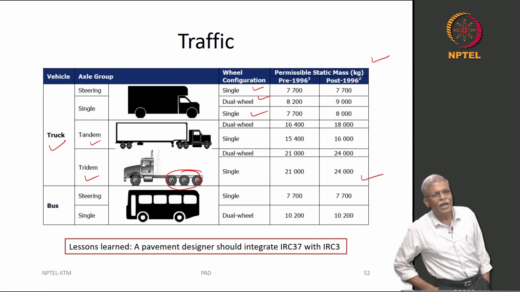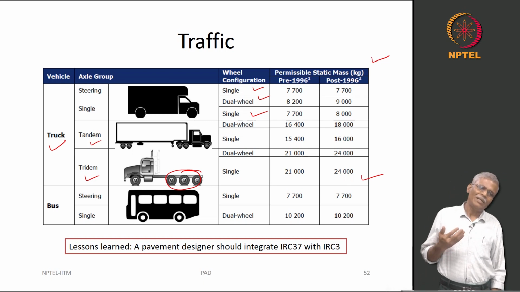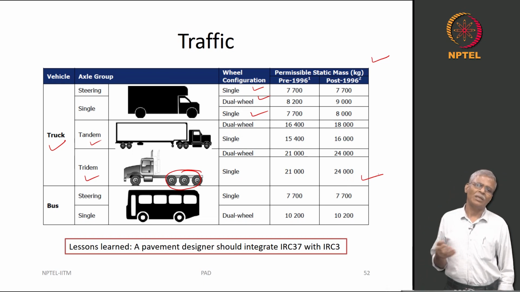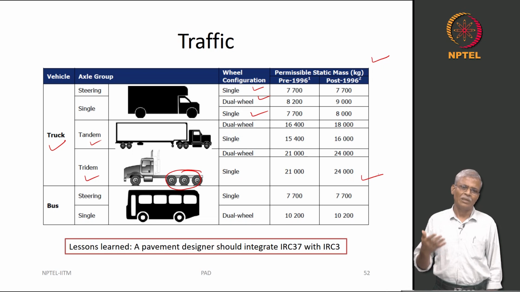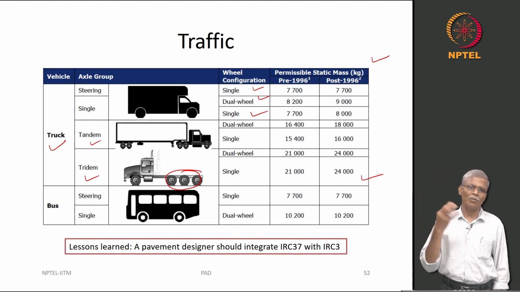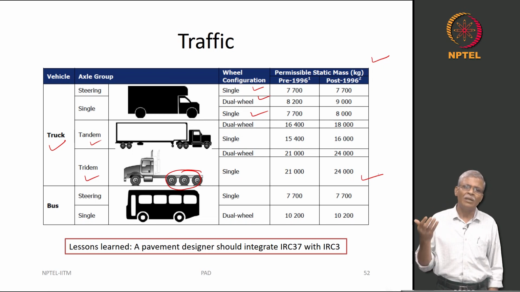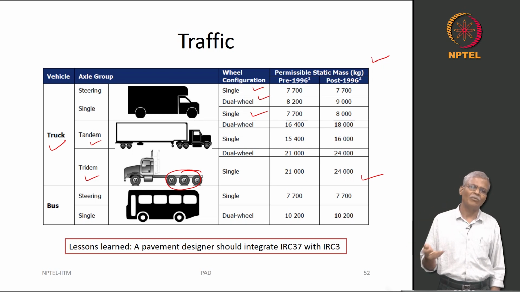In fact, what I would really like to emphasize here is, ideally when you are doing this pavement design with IRC 37, the IRC 3 that talks about the various axle categories should actually be part of it, probably as an annexure or as part of the main design guideline itself. Why?